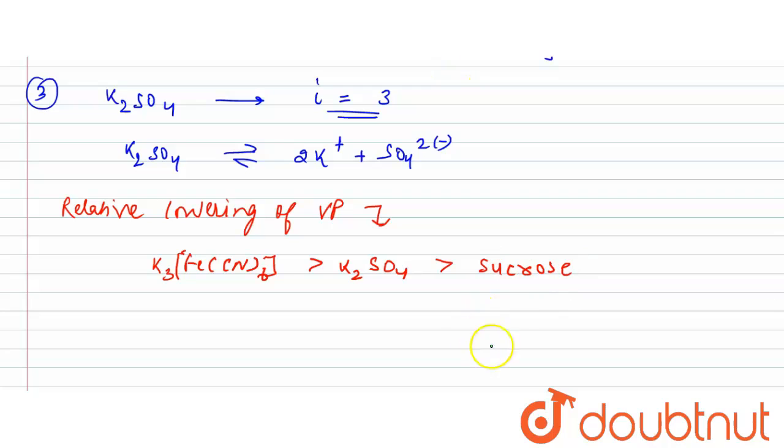Now you can see that sucrose has i equal to 1, K2SO4 has i equal to 3, and K3[Fe(CN)6] has i equal to 4.